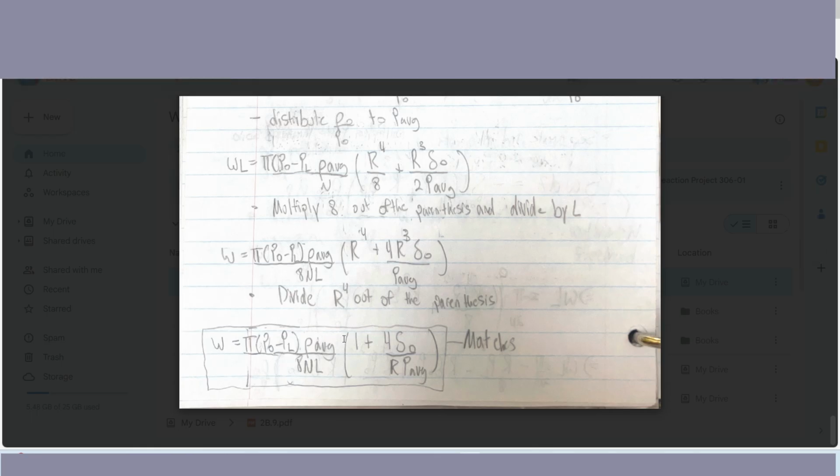In this final equation, there should be an r to the 4th here. I just didn't put it, so you're dividing out of the parentheses here, and then you have to multiply this term by r to the 4th. So there should be r to the 4th here, but I didn't write it. So that's the problem, and this is the final answer.